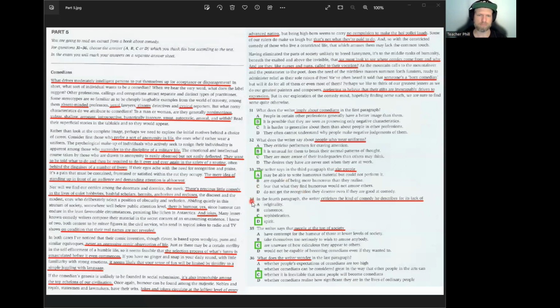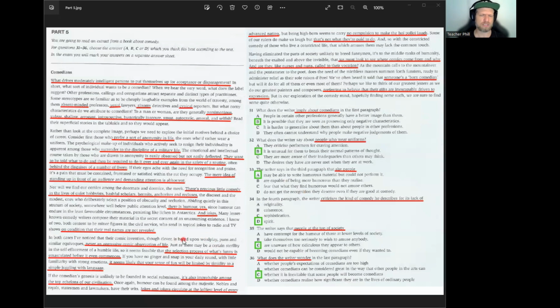In 34, that was pretty obvious to me, actually. So he says that, in my opinion, this kind of comedy that he talks about in the previous paragraph, the comedy of shy people, lacks spirit. And he talks here about different things.